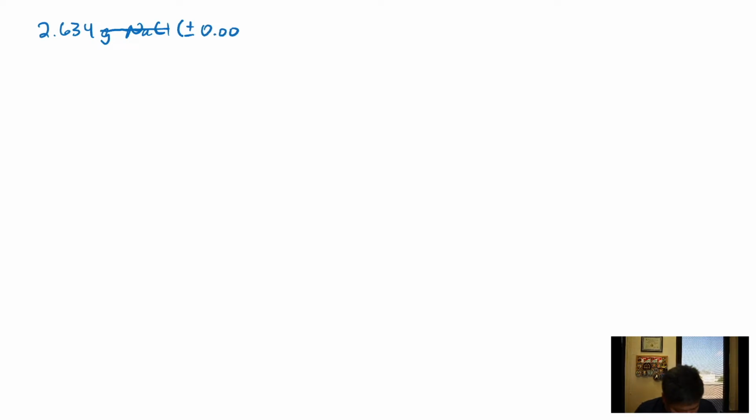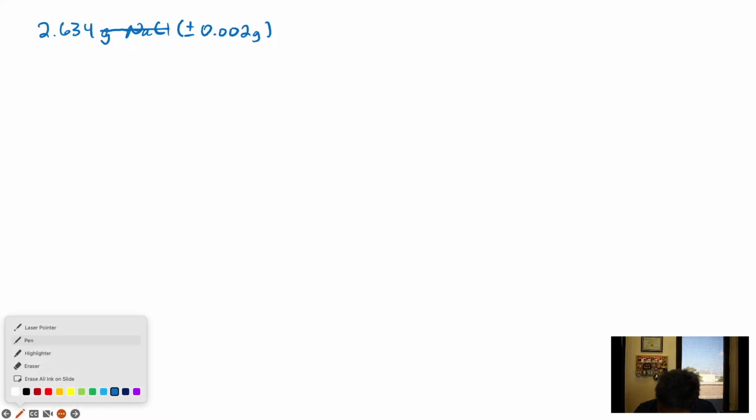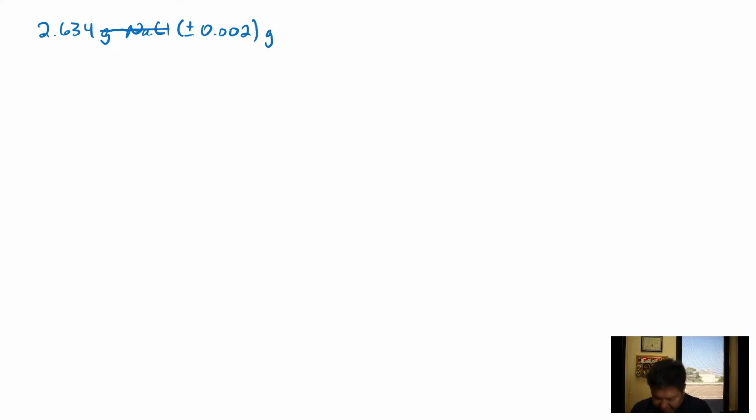I want it to look exactly like the way it looks in the textbook for you, like this, grams. So that's how it usually is in your textbook. So I have 2.634 plus or minus 0.002 grams of NaCl.